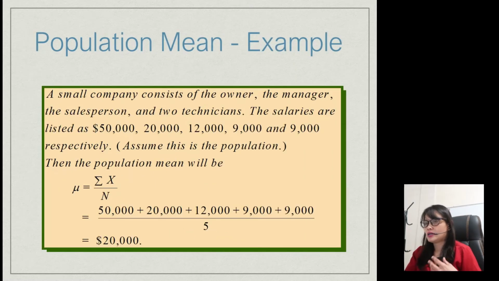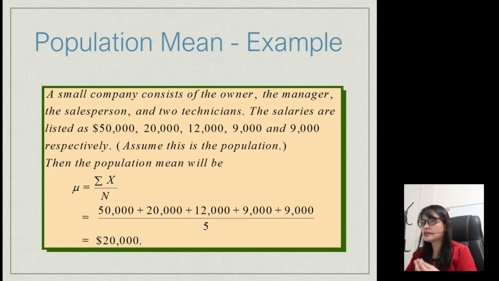Next, a small company consists of the owner, the manager, a salesperson, and 2 technicians. The salaries are listed: $50,000, $20,000, $12,000, $9,000, and $9,000 respectively. Assume that this is the population.